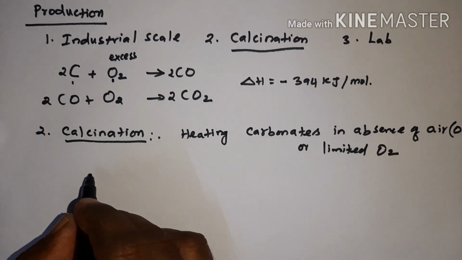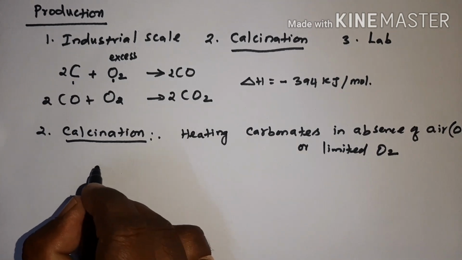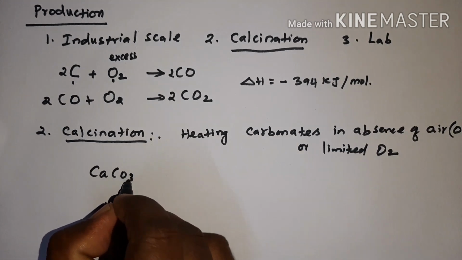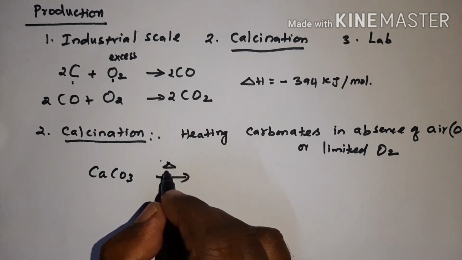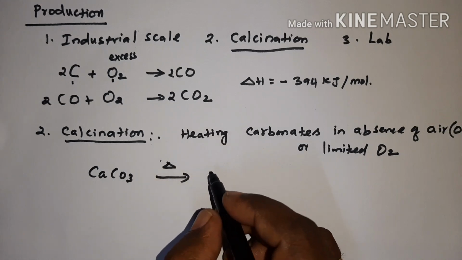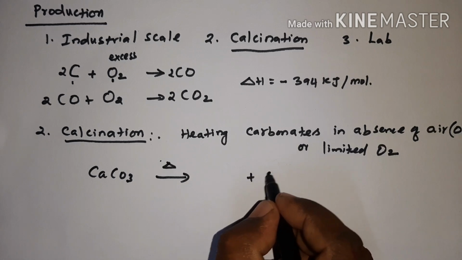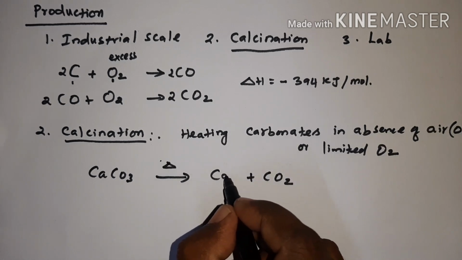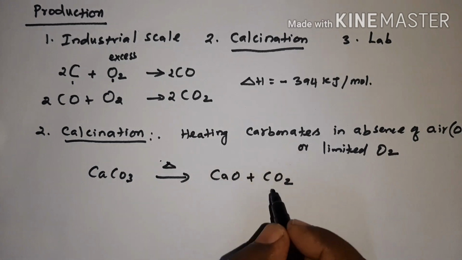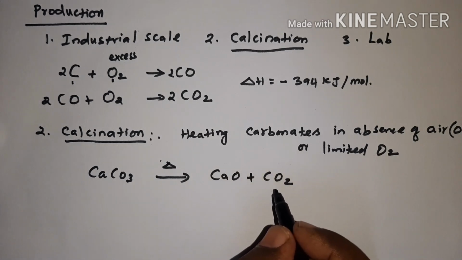So we take calcium carbonate CaCO3 and heat it. We get carbon dioxide, and the remaining product is CaO, calcium oxide.